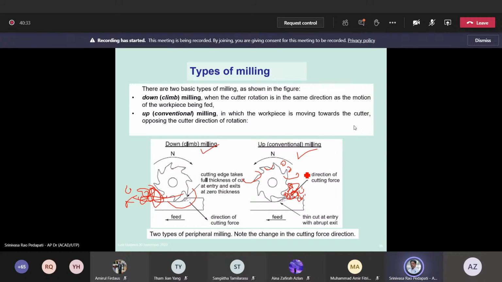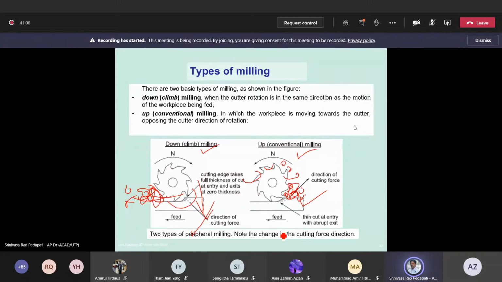When you want to cut a big depth of cut with huge material removal, then we go for climb milling, because the chip disposal is easy and holding the workpiece is also easy, since the force is downwards. Whereas if your intention is a finish cut, with no vibration, from the surface finish point of view, and you don't want to take any chance, then we go for up milling. So that is how we select our type of milling.